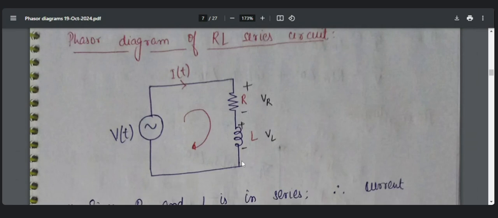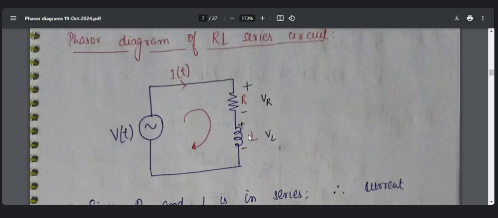In that also it is given that R and L are present in series. First of all, if we are considering a series network, in a series network the current through all the elements remains the same. That means, in case of series, voltage divides and current remains the same. So here we can clearly see that R and L are in series.